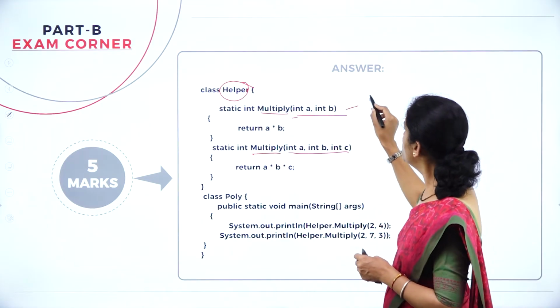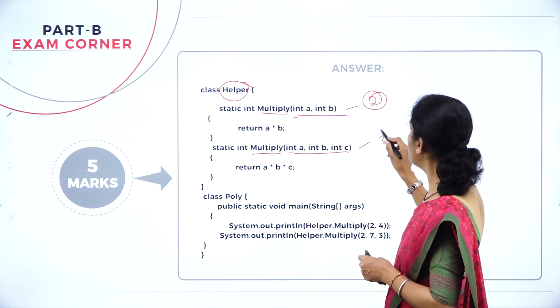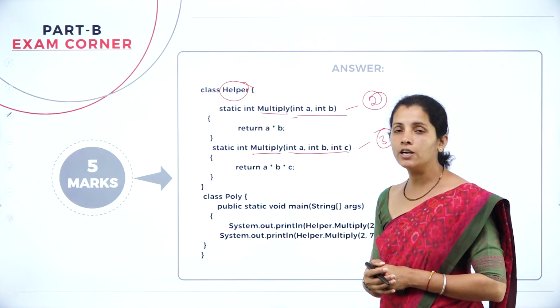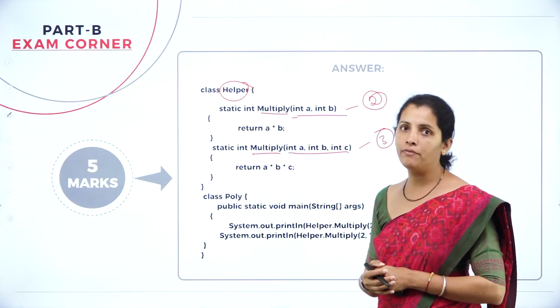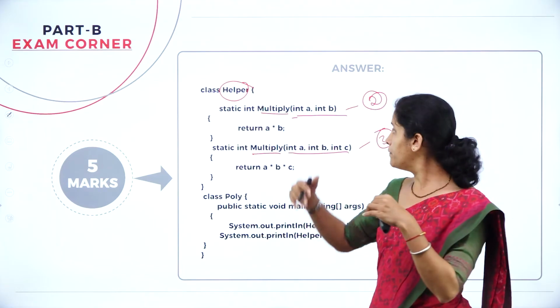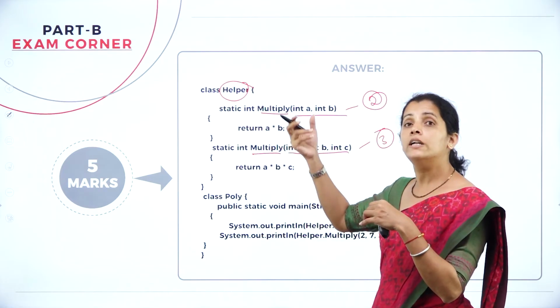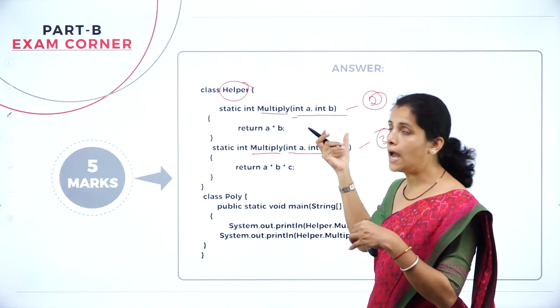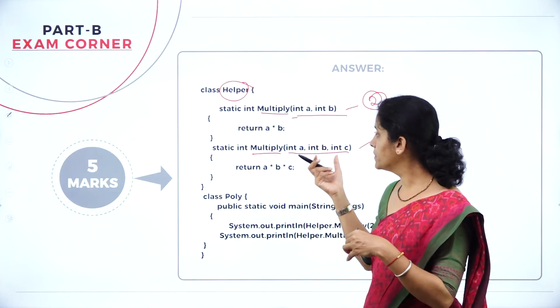See here, 2 parameters; here it is 3 parameters. So what is polymorphism? A function can have multiple forms. The function name remains the same, but with different data types or a different number of variables. That is known as polymorphism.